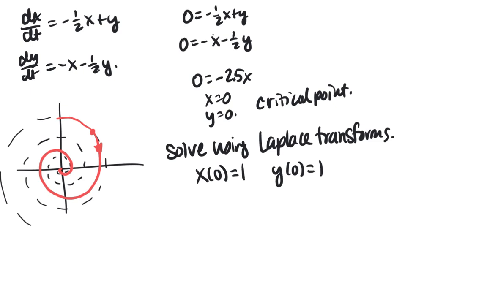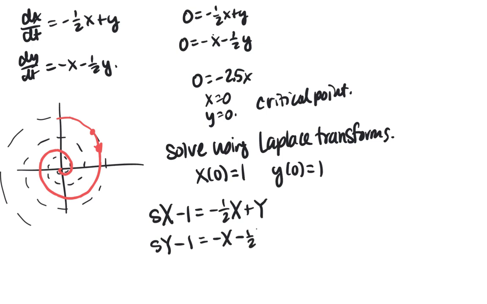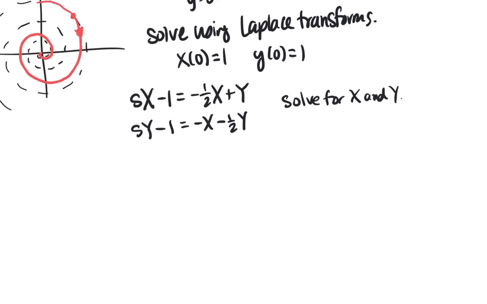Now I can take the Laplace transform of both of those differential equations. So I'll get sX minus the initial value, which is 1, equals negative 1/2 X plus Y, and if I take the Laplace of the second equation, I'll get sY minus my initial value of y, which is 1, equals negative X minus 1/2 Y. Okay, so I want to solve for X and Y, just like we were solving it using algebra.